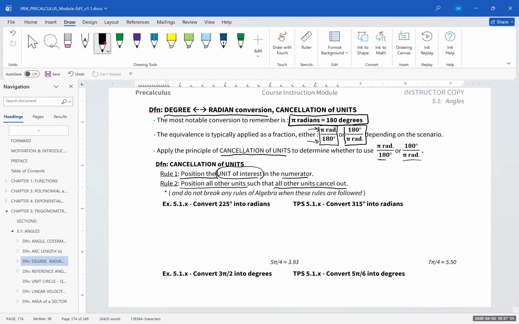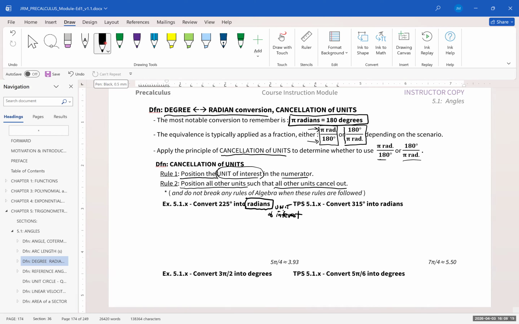So let's look at this idea of cancellation of units with this first example. We want to convert 225 degrees into radians. Radians is what we're trying to find. That is what we call the unit of interest.